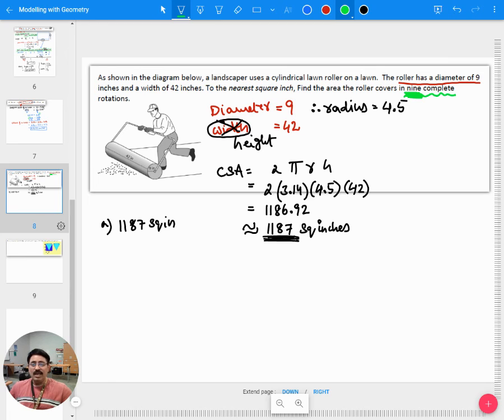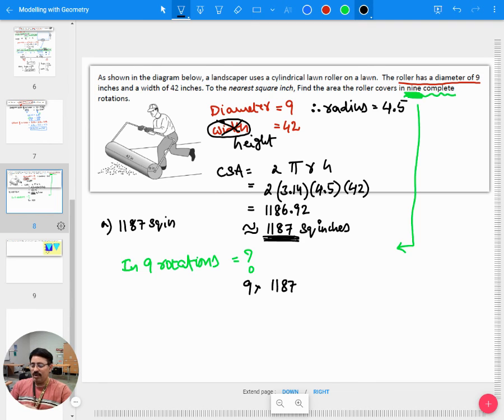In the same way, if this one is making 9 rotations, then what we have to do is compute the distance covered in 9 rotations. We have to take 9 times 1187.